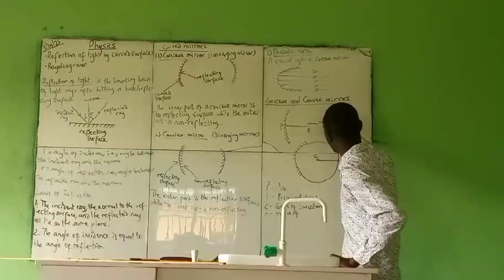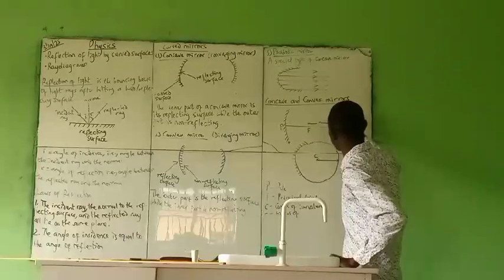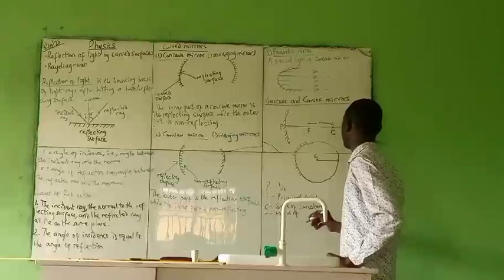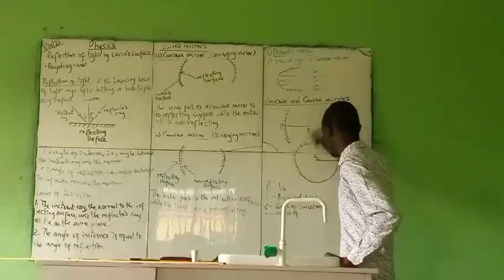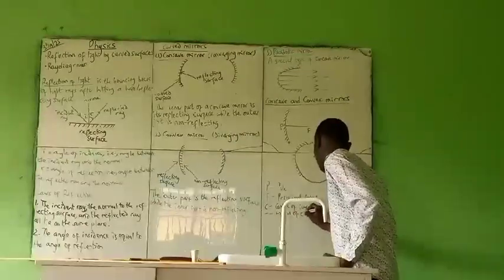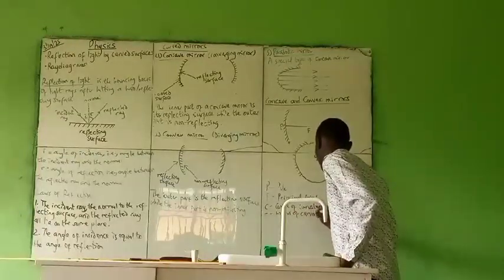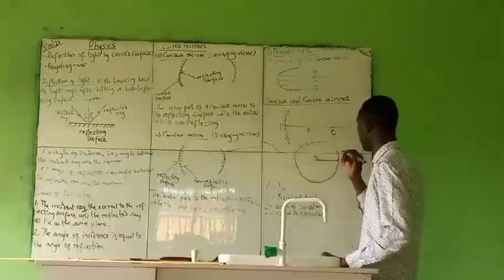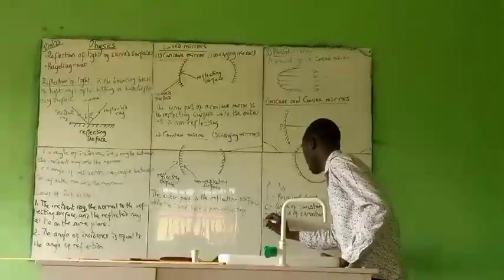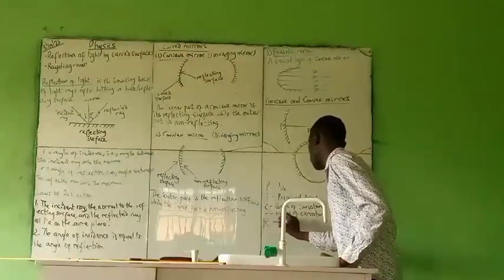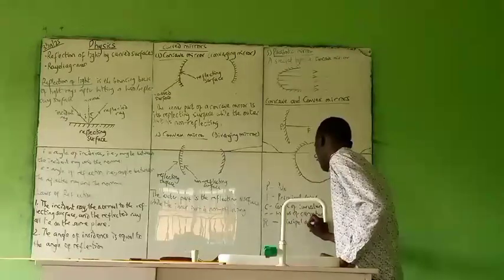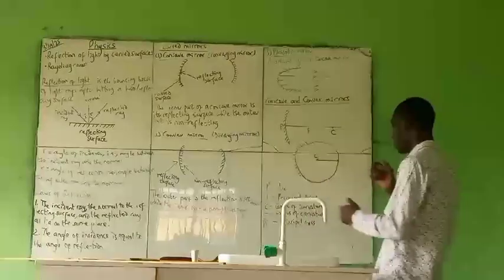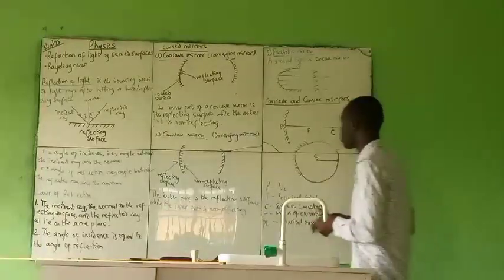So this is R. I'll come back to that. What else? The line PC itself is called the principal axis. If I remember something else, we will look at it.